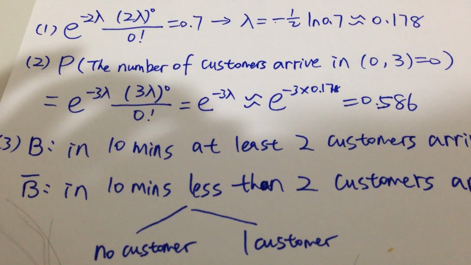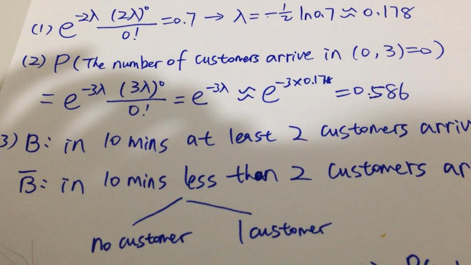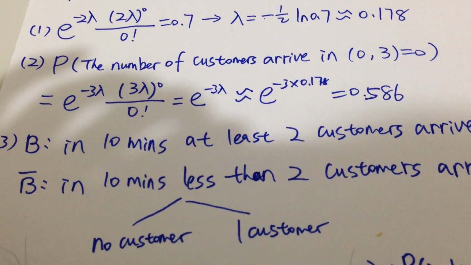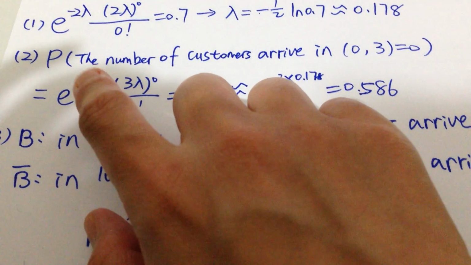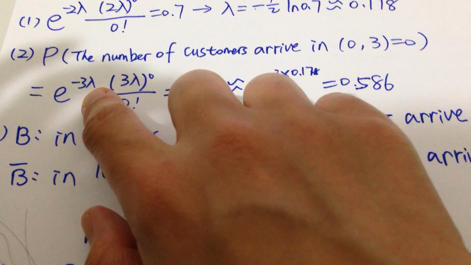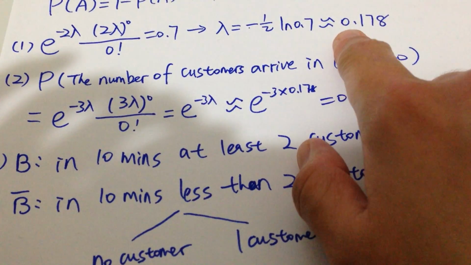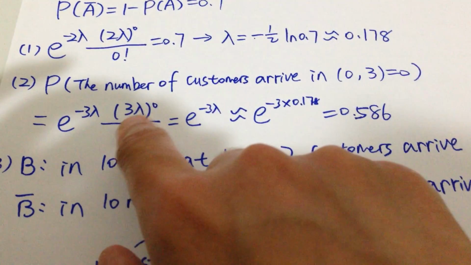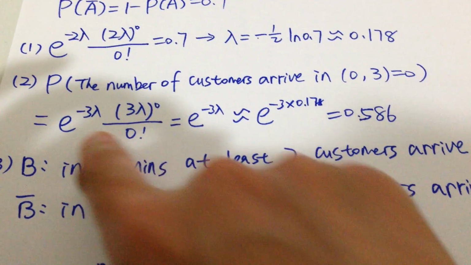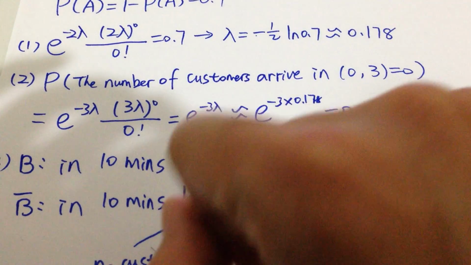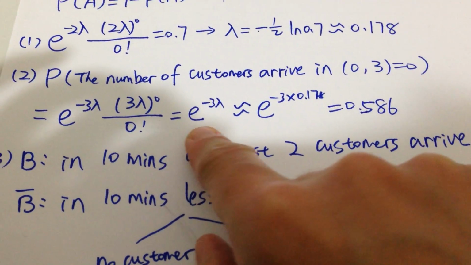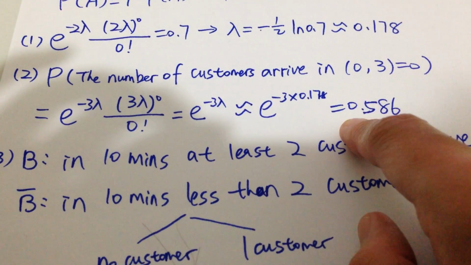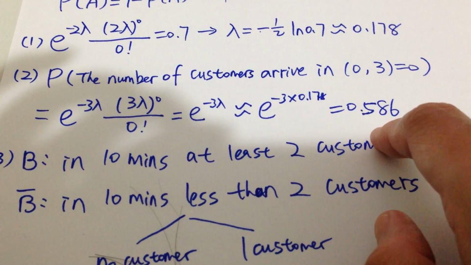We still use the Poisson distribution formula as in question 1, but this time we plug in t as 3, lambda is 0.178, and k is 0. Then we can get the answer, which equals 0.586.